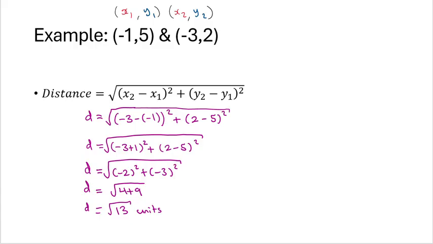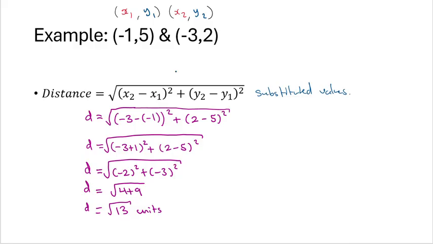This is an example that I've already done preemptively, but let's just go through it. In my example, I've got the two coordinate points (-1, 5) and (-3, 2). I've officially labeled which one's x1 and x2, and I've substituted the values in.